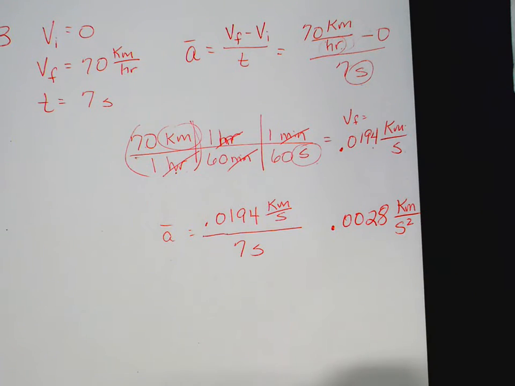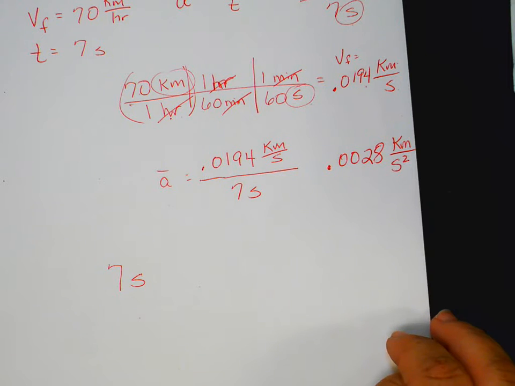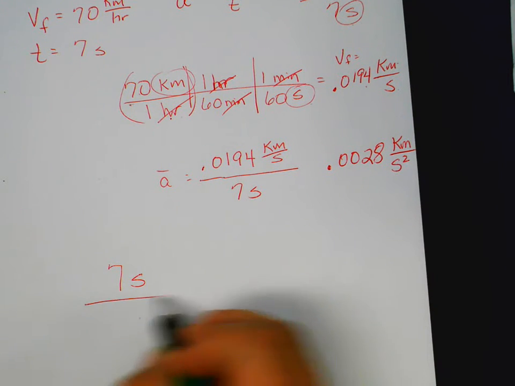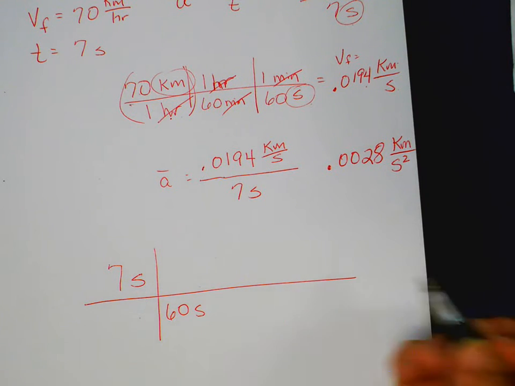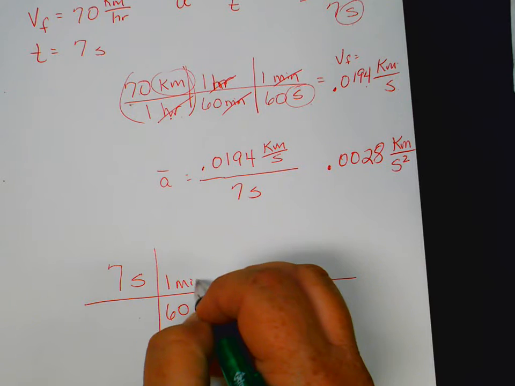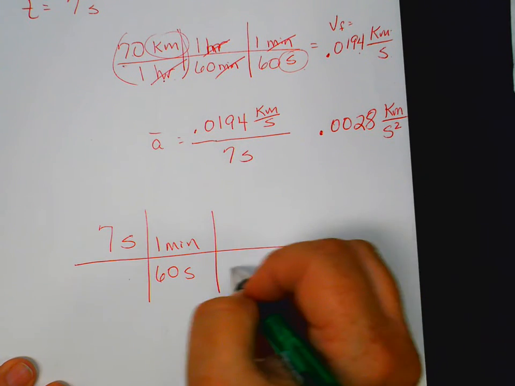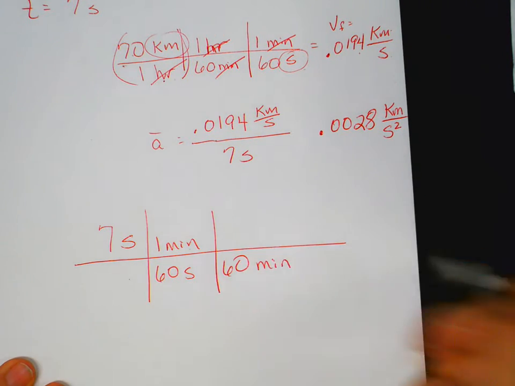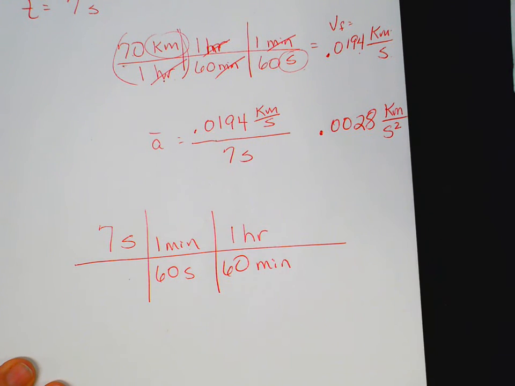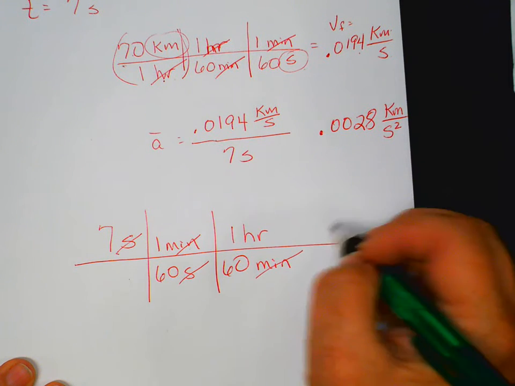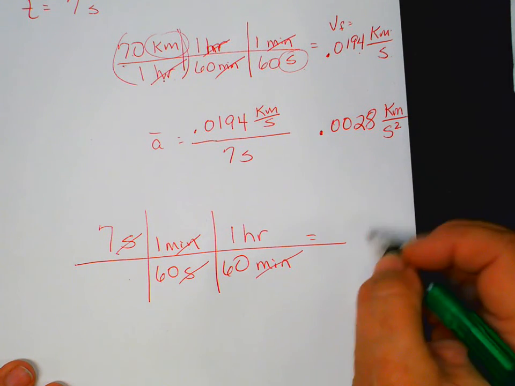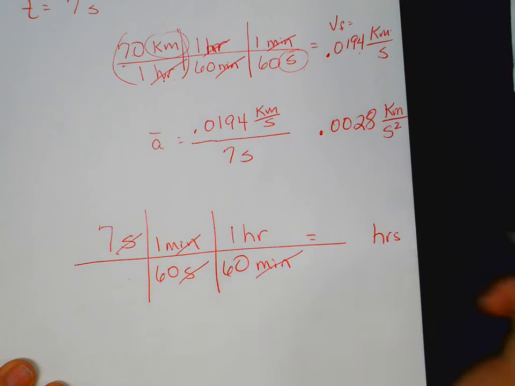If I were converting the 7 seconds to hours, I'd basically do it the same way. 60 seconds is 1 minute. 60 minutes is 1 hour. Seconds cancel out, minutes cancel out, and my answer is going to be in hours because that's the only thing left.